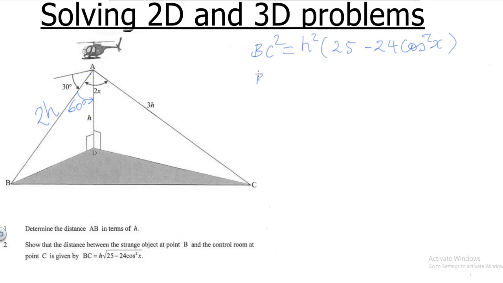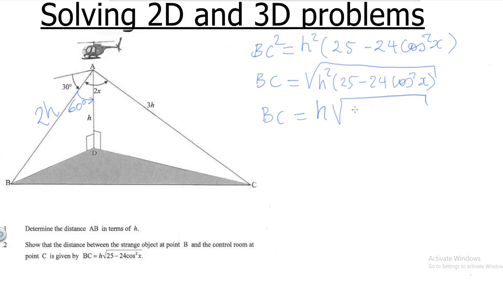So BC will be the square root of h squared times 25 minus 24 cos squared x. The square root of h squared will be h, so we have h times the square root of 25 minus 24 cos squared x. You can see our answer is correct. Thank you.